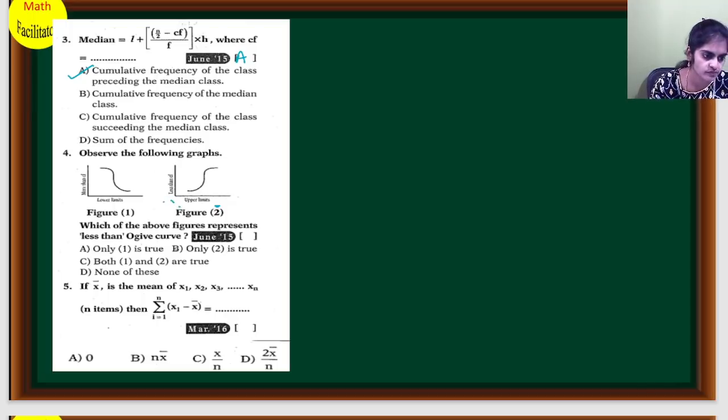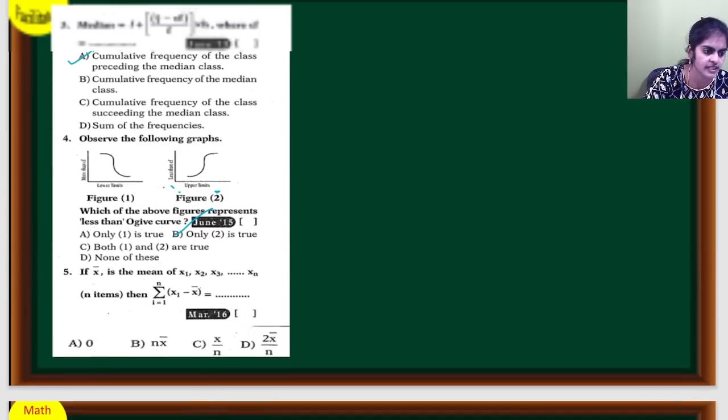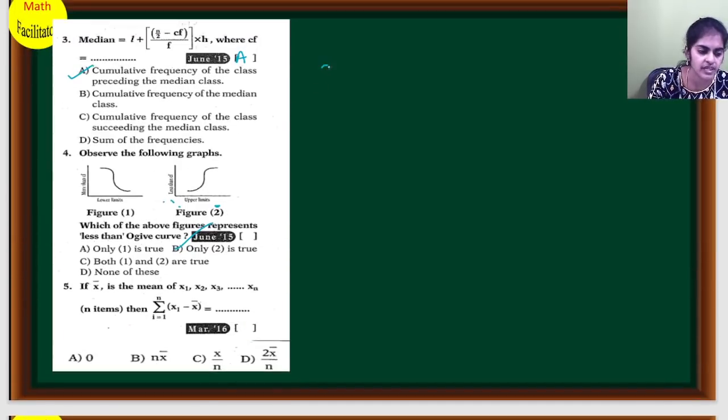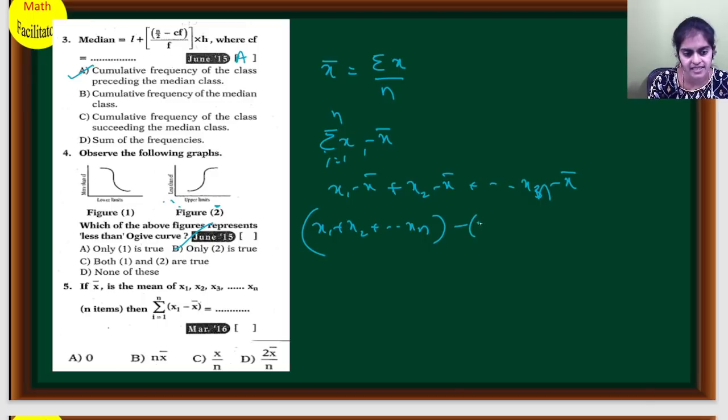So option 2. X bar is the mean of the number of items. So this question again you see. X bar is the mean, so mean is nothing but sigma x by n. If I want sigma from i equal to 1 to n of (xi minus x bar), that means x1 minus x bar plus x2 minus x bar and so on up to xn minus x bar. So x1 plus x2 plus so on up to xn I can take together, and minus n times x bar.